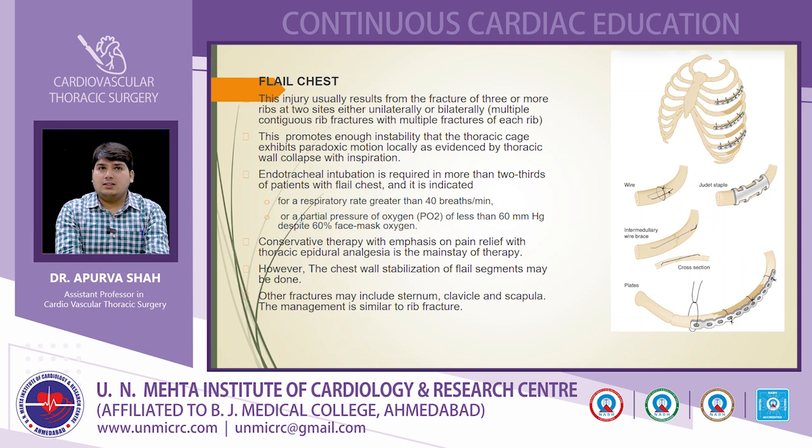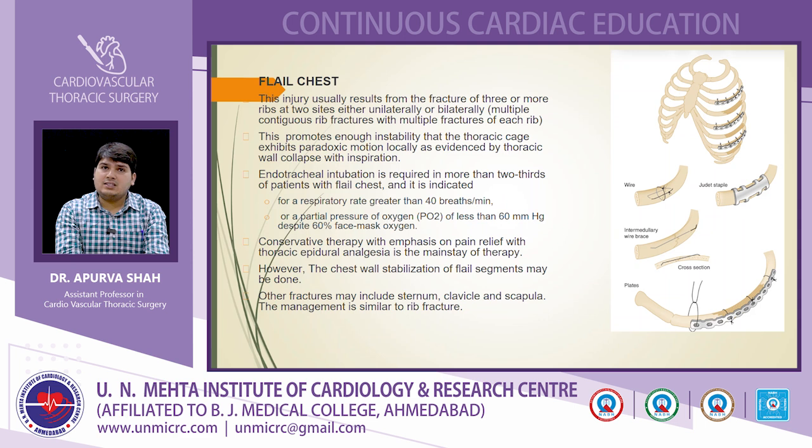Flail chest. This injury usually results from the fracture of 3 or more ribs at two sides, either unilaterally or bilaterally. There are multiple contiguous rib fractures with multiple fractures of each rib. This promotes enough instability that the thoracic cage exhibits paradoxical motion locally, as evidenced by thoracic wall collapse with inspiration.